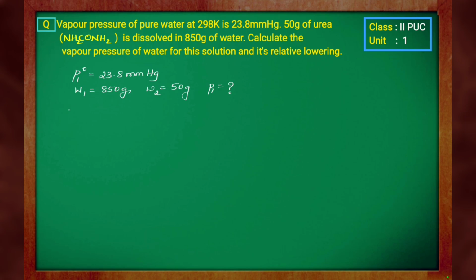Now let us write down the molar mass of water, which is the solvent. Therefore it is M1, that is 18 grams per mole.